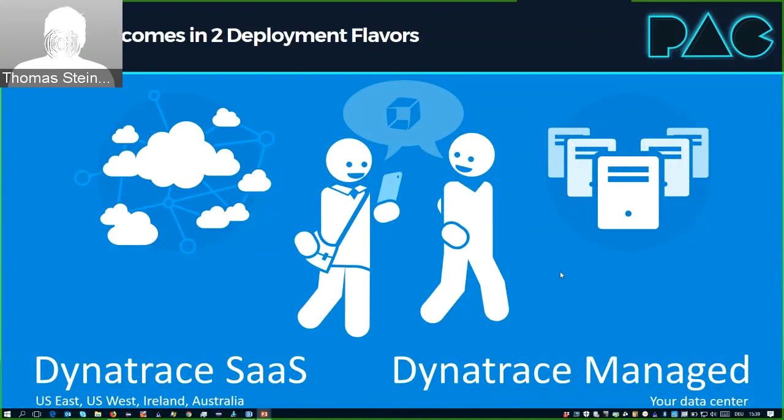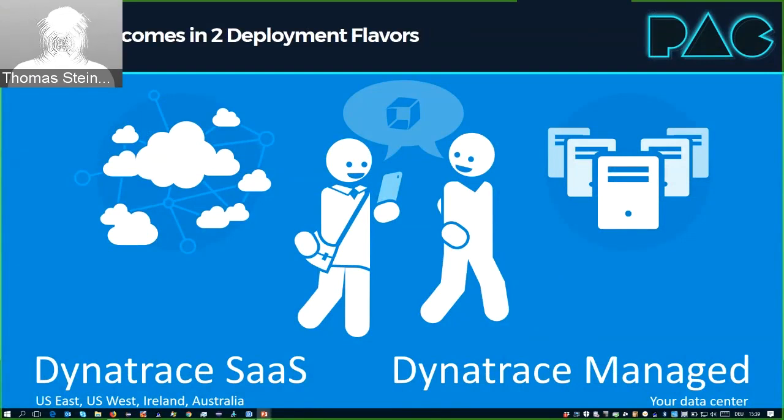Dynatrace in the new architecture is more or less available in two flavors, right? The one is our SaaS offering, everything hosted in AWS, allowing customers and trials to register there and use our shared environments.